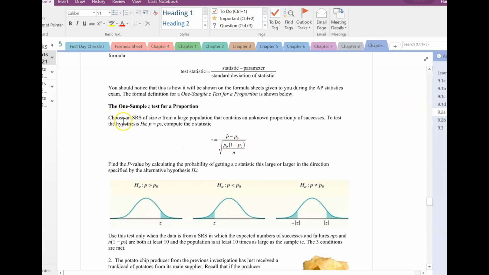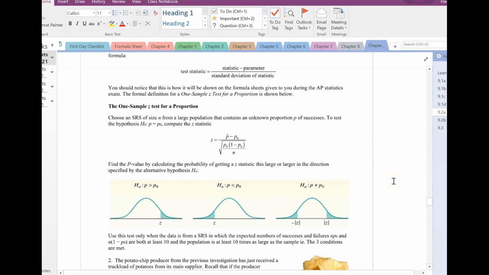It says that you're choosing an SRS of size n from a large population of unknown proportion of successes. To test the hypothesis, we need to compute the statistic. Apologize, I'm tripping over the word statistic right now. And so to be specific here for this test statistic, z equals, this is from our sample, population, standard error.